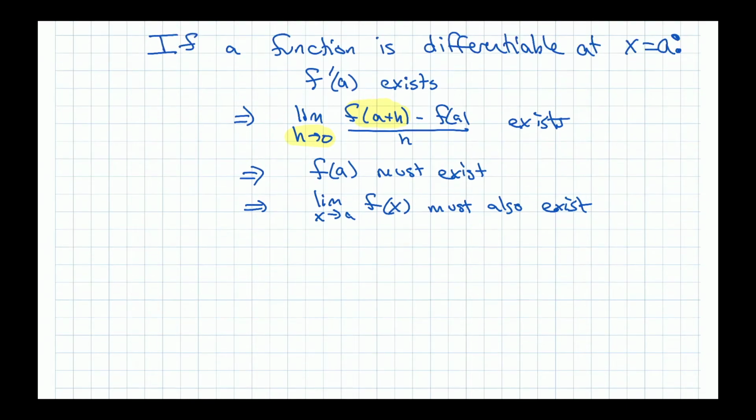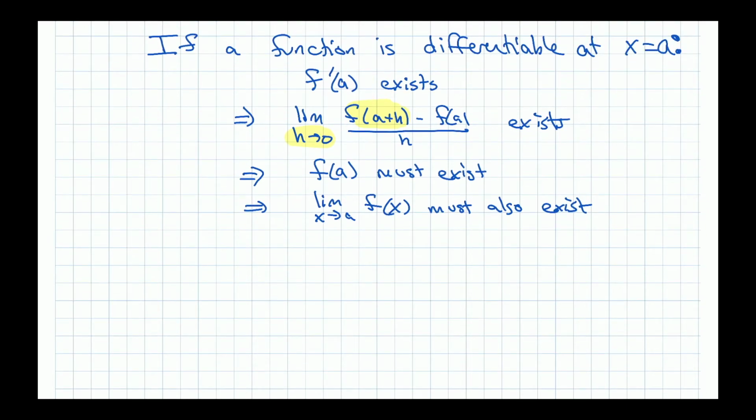And maybe I'm not going to justify it right here, I'm just going to write it, but not only does the function value exist and the limit exist, they end up having to be equal, which means that the function is continuous.